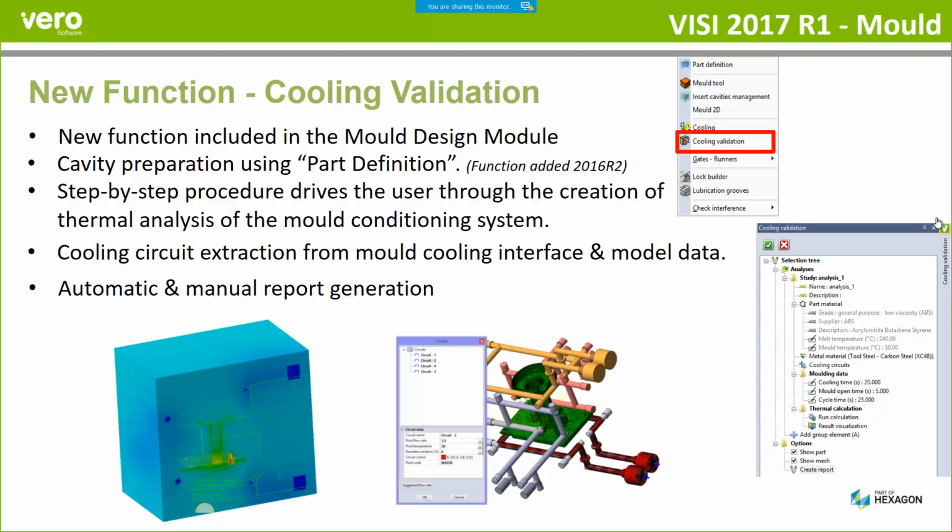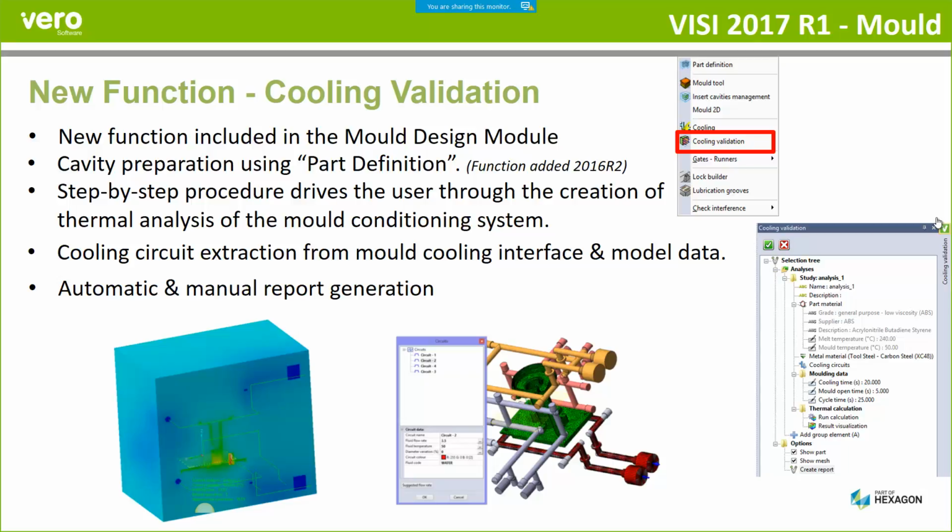The new option in this case is called cooling validation, and it allows us to check our cooling circuits and their impact upon the mold design. So again, it's functionality from the flow analysis. It doesn't need any flow licenses. It's very easy to set up. It automatically takes geometry from any design geometry that you've already got.